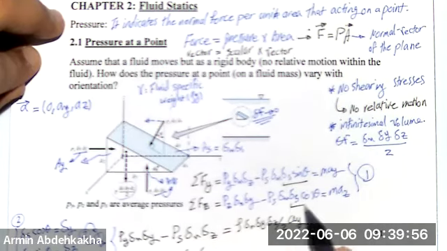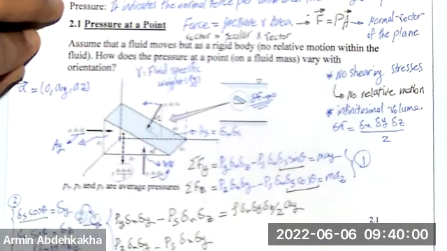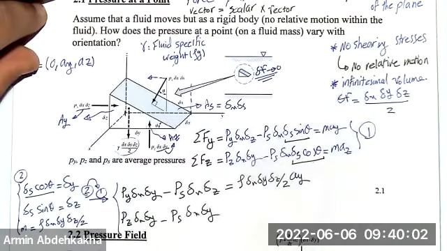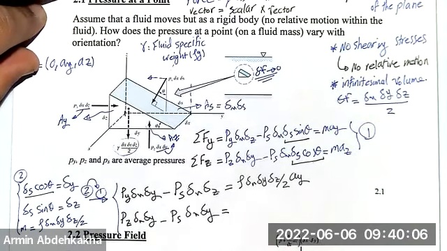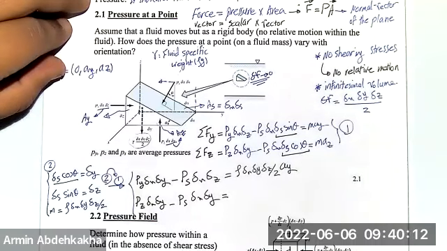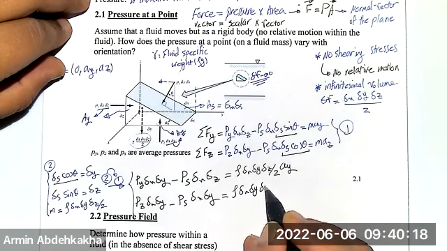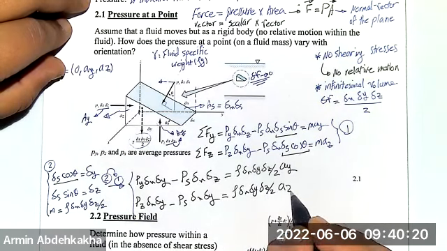Why? Because we have delta s cosine of theta, and delta s cosine of theta is equal to delta y. This should be equal to rho delta x delta y delta z over 2 multiplied by az. Okay.